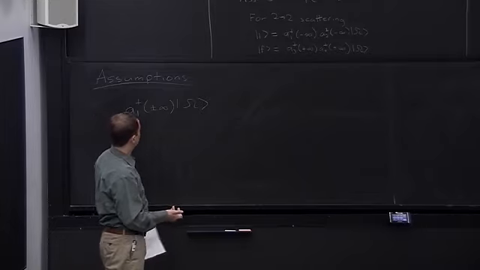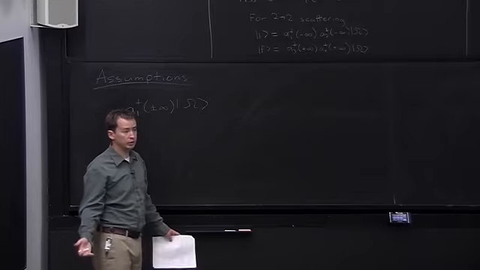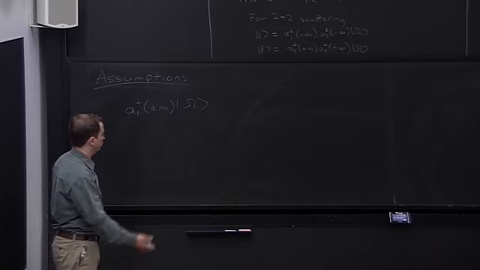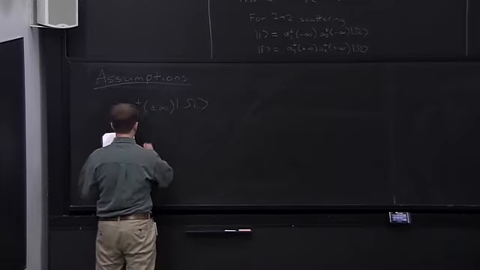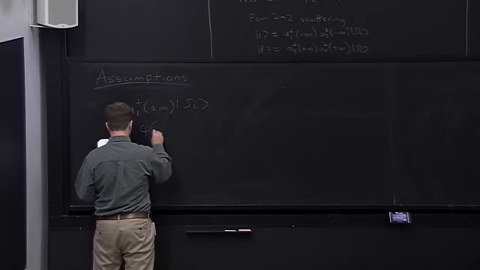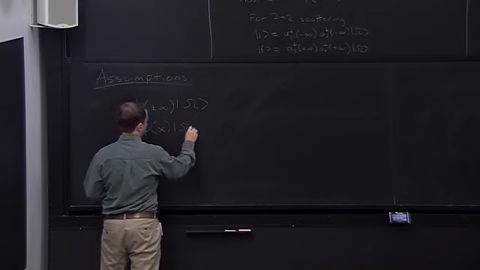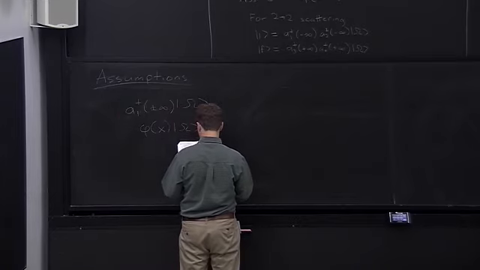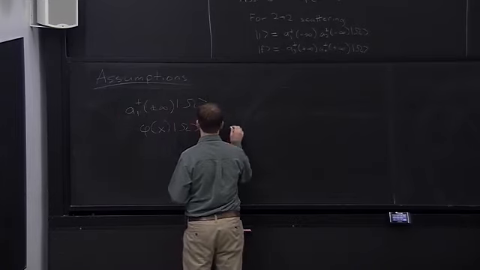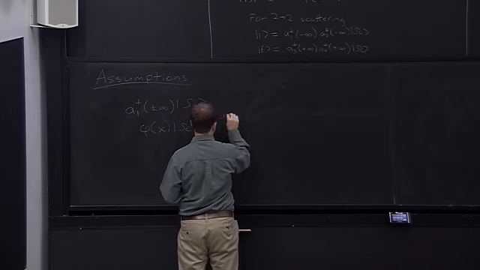And because we assume that the relationship between the creation and annihilation operators is the same in the free theory and the interacting theory, this means that we also are assuming that phi of x acting on the vacuum is also a one particle state. So we assumed these are one particle states.